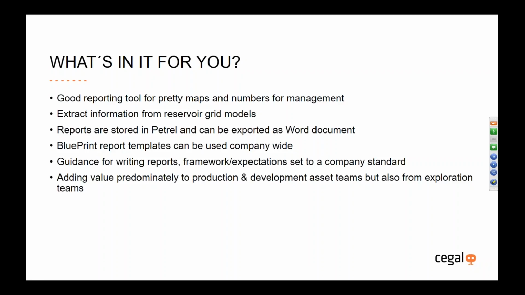So if they want to look at zone interval maps, you can create them very easily. You can extract information for QC reasons from your properties to see how my model is done. Do I need to modify my properties to better match the well input data?